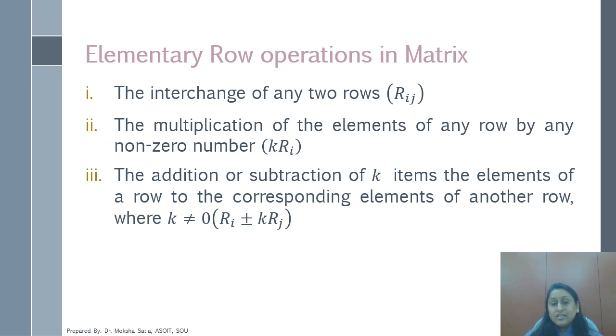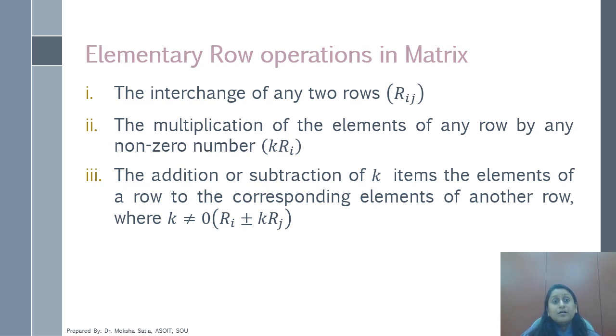So in short, in this operation we can multiply the jth row by any non-zero number k, and add or subtract it from the ith row. The notation will be Ri plus or minus k Rj. These row operations can be useful to identify the inverse, to find the solution, and many more things.